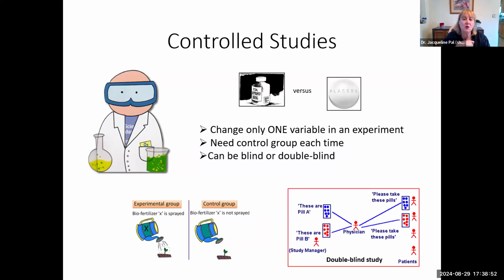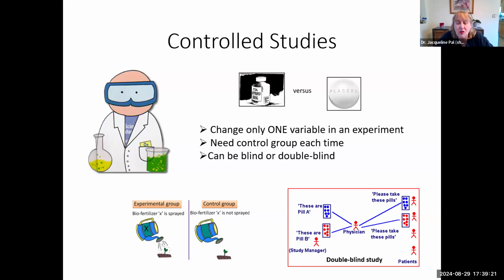And when we do controlled studies, we can have blind studies or we can have double blind studies. The blind studies are the ones where the participants don't know if they are taking, for instance, the placebo or the traditional treatment or the new study treatment. And the reason for that is you don't want the experimental participants to know, because they will give you the results that they want or they expect.